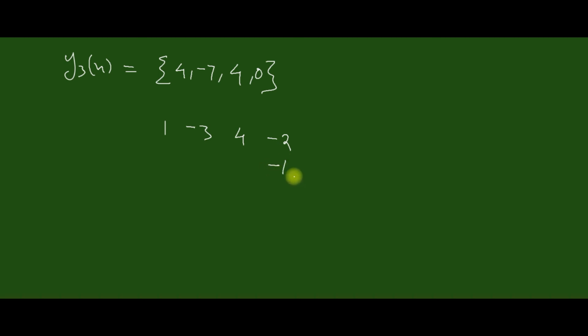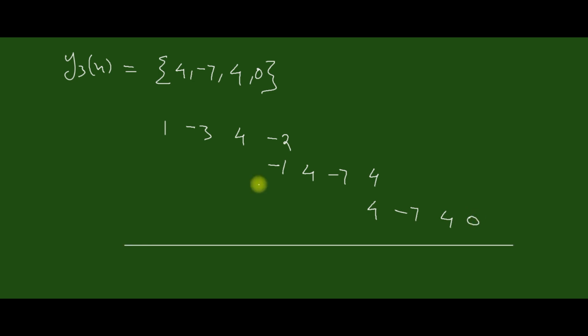That means minus 1, 4, minus 7, 4. Similarly, the next one, 4, minus 7, 4, 0. So similarly write 1, minus 3, 4. Then this is to be added. So minus 2, minus 1, it will be minus 3, then 4, minus 7.